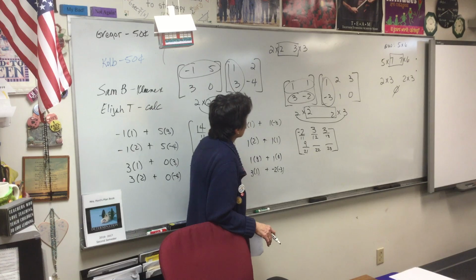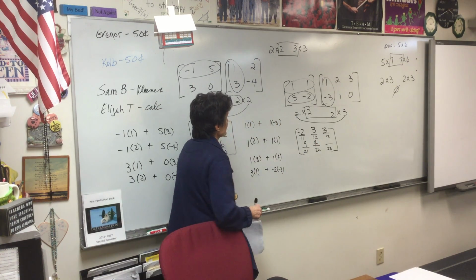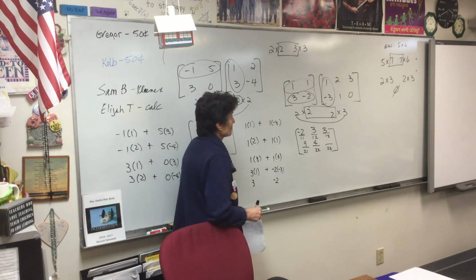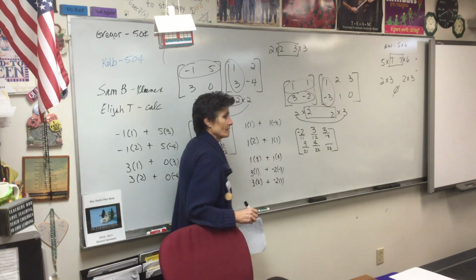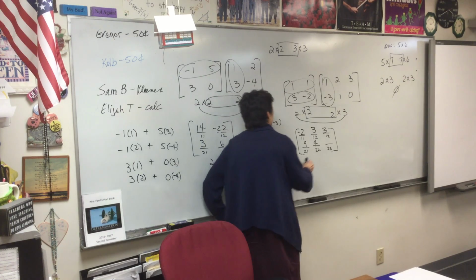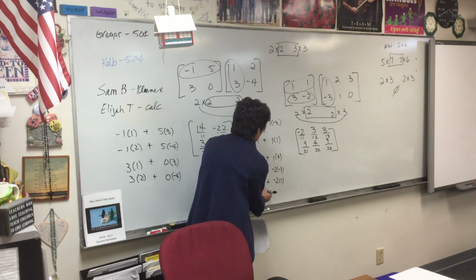If you got 4, you got it right, because it's row 1, column 2. The last one's 9. And the last one is indeed 9, because it's row 2, column 3.